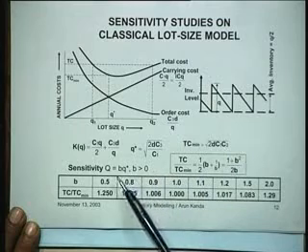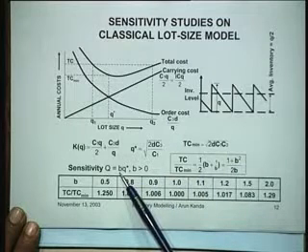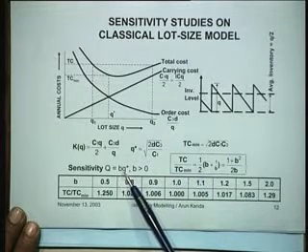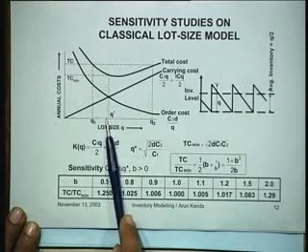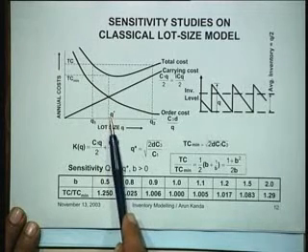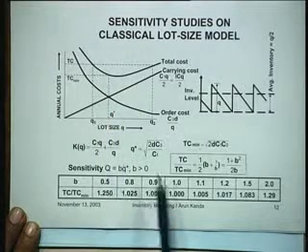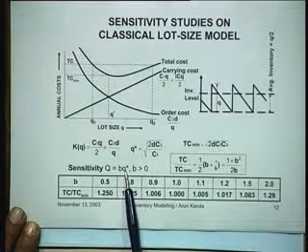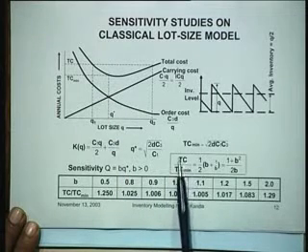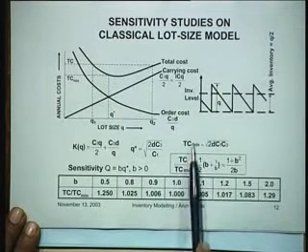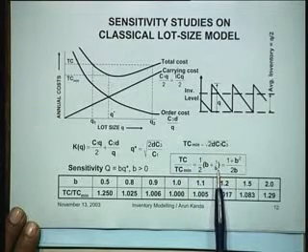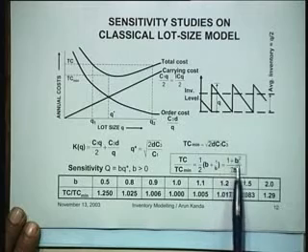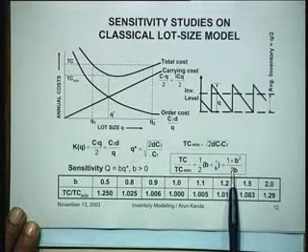Now if you define a quantity B, which measures the amount of deviation you have from the optimum lot size, so you have B Q star, and then the total cost for that particular value divided by TC min. If you calculate this, this is simply 1 upon 2 into B plus 1 by B, and this value is 1 plus B square by 2B.